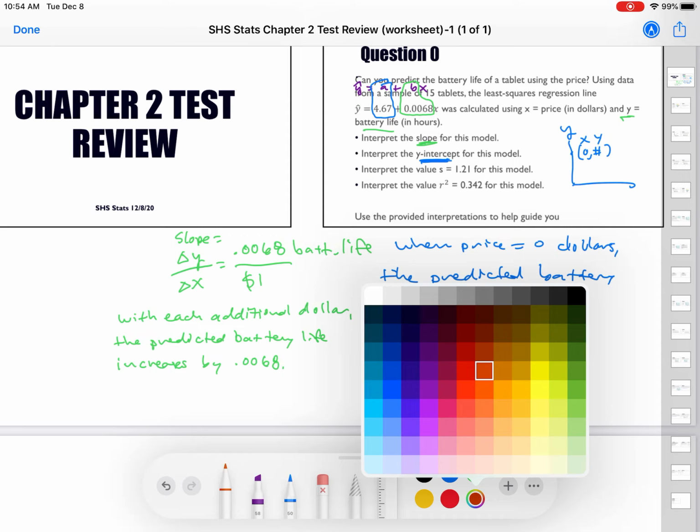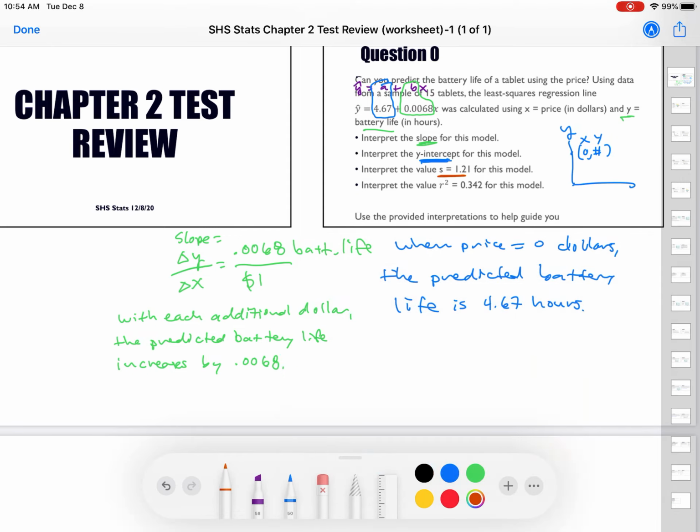What is the standard deviation of this model?